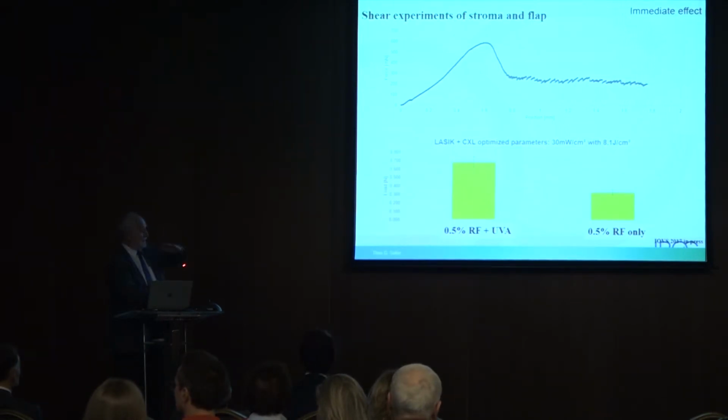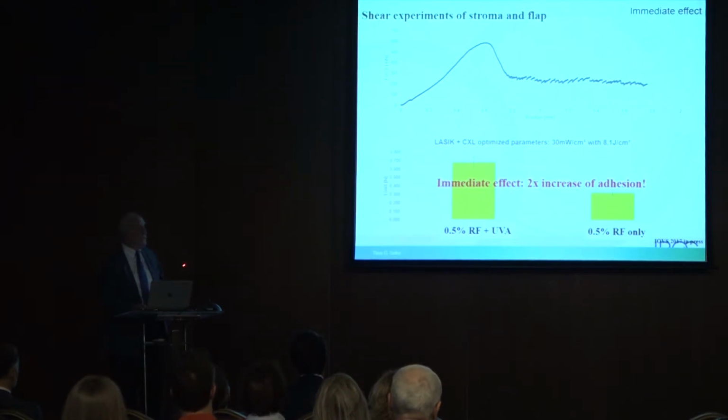You have the sandpaper on both sides, and then shift it, and you see it gives some resistance, and it breaks down. That breaking point was very clear: it was much better than with riboflavin only and no cross-linking. When you add the cross-linking in the interface, you had a 2 times increase in adhesion of flap and wound bed.